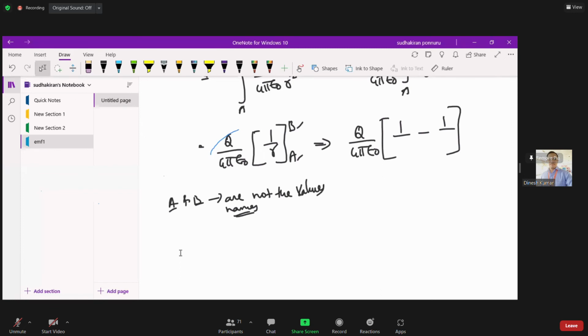With respect to A, it is at a distance of RA, and the point B is at a distance of RB. So in place of B for the upper limit we have to write RB, and in place of A, we have to write RA. So RB minus RA.